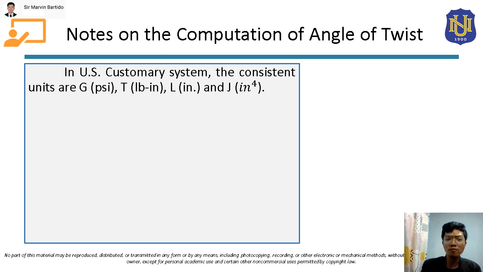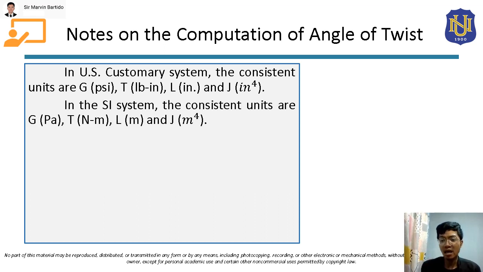Also for the SI system, let's say the unit for G is Pascal. Pascal is Newton per meter squared, so all the other terms must be expressed in Newton and meter. The torque T must be expressed in Newton meter, the length L in meter, and the polar moment of inertia J in meter to the fourth.